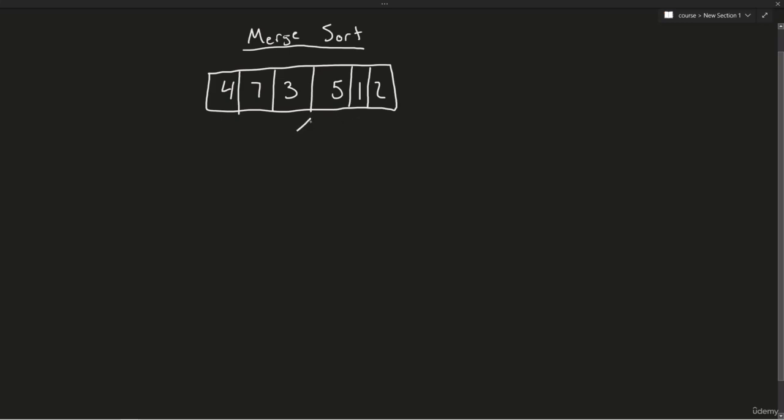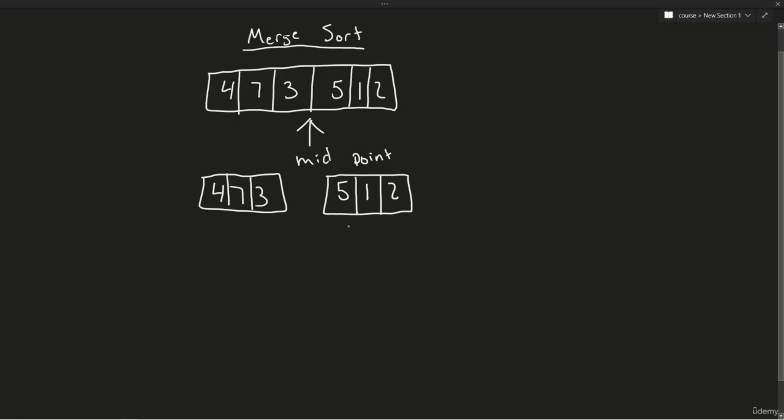So we're going to divide right here at the midpoint, dividing the array in half. So now we have two arrays, 4, 7, 3, and 5, 1, 2.